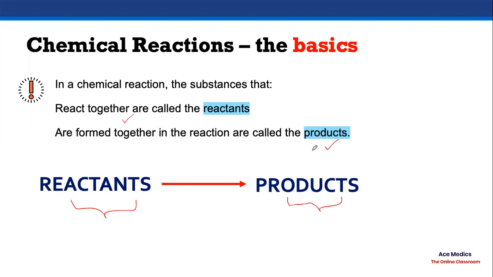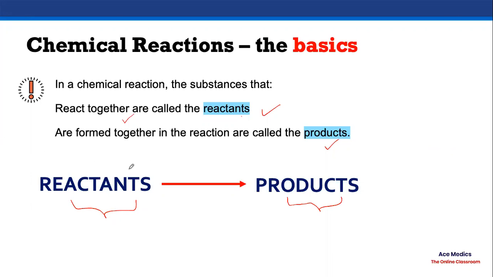When it comes to chemical reactions, you have the reactants where you're putting things in and they will react together, they'll do their thing, and at the end of it, they will form the products. When we write a chemical reaction, we write the reactants on the left hand side and the products on the right hand side.